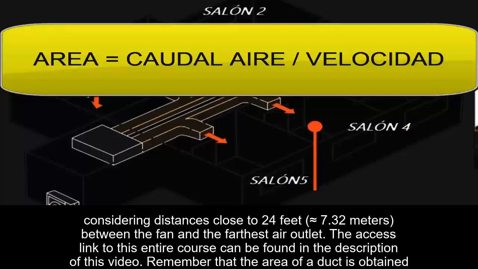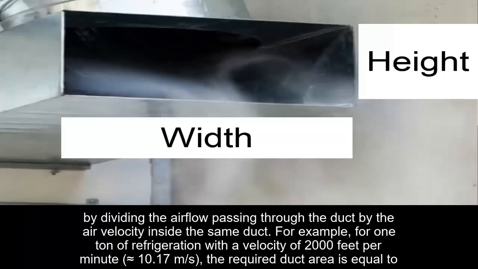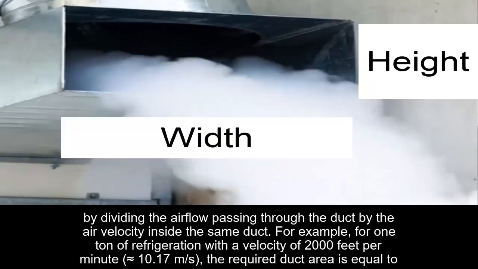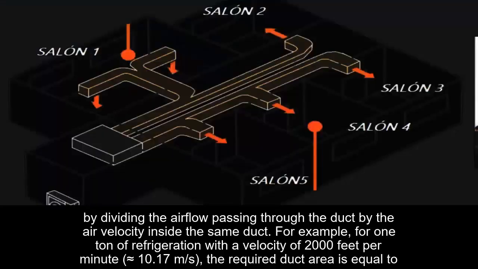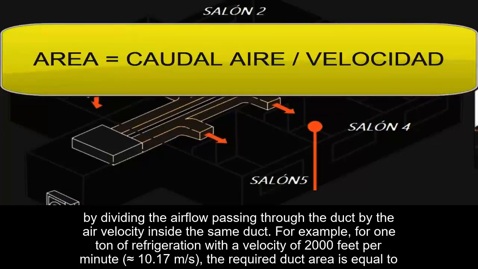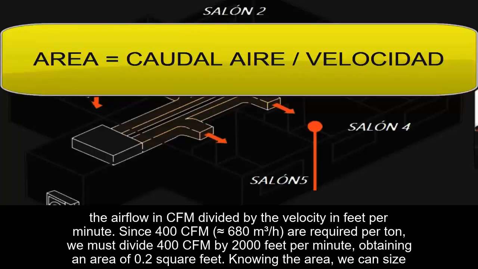Remember that the area of a duct is obtained by dividing the airflow passing through the duct by the air velocity inside the same duct. For example, for 1 ton of refrigeration with a velocity of 2,000 feet per minute, nearly 10.17 meters per second, the required duct area is equal to the airflow in CFM divided by the velocity in feet per minute.